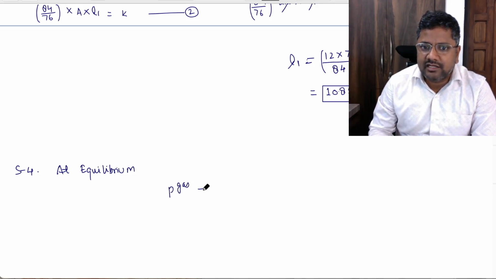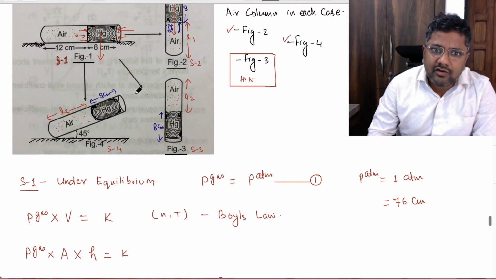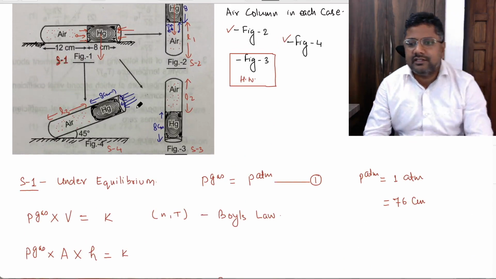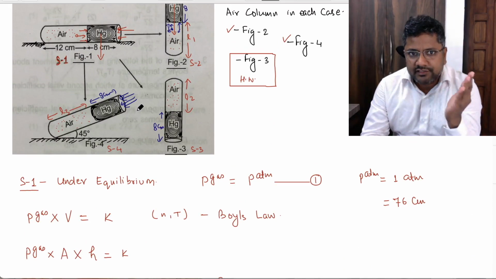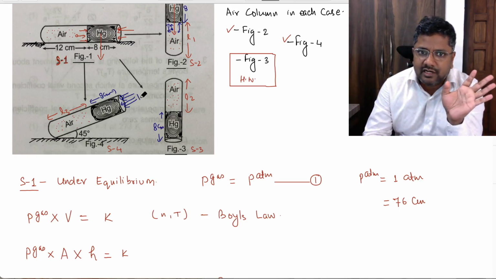The pressure of the gas is equal to 1 atm plus, see, 1 atm is the pressure offered by this air, because you know pressure of air is always equal whether this is slanting or vertical. 1 atm is always atmosphere will apply from this side.